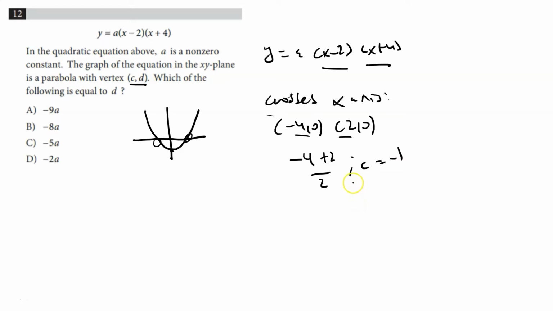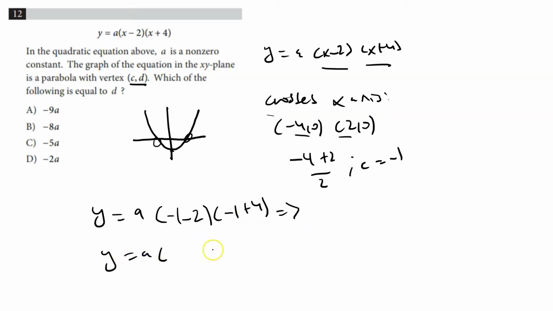And now that we have a c value, or an x value, we can just plug it into this equation and solve for y. So y equals a times (-1 minus 2) times (-1 plus 4). -1 minus 2 is -3, and -1 plus 4 is 3.